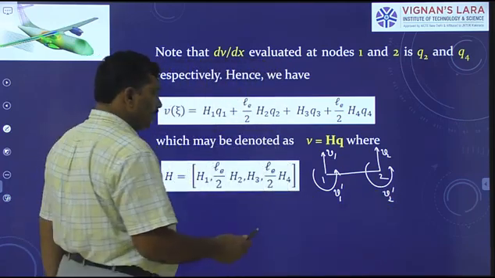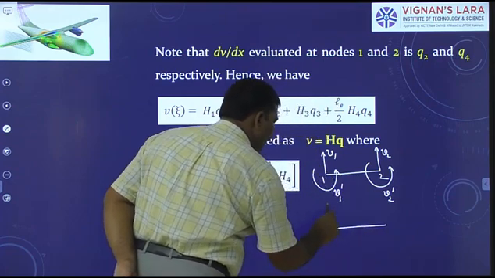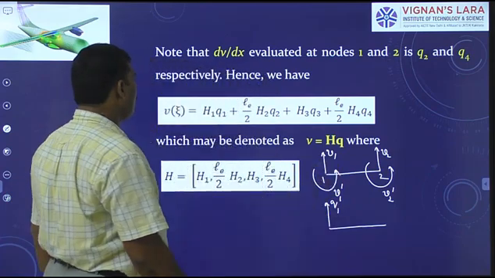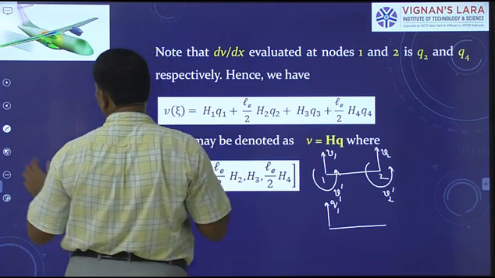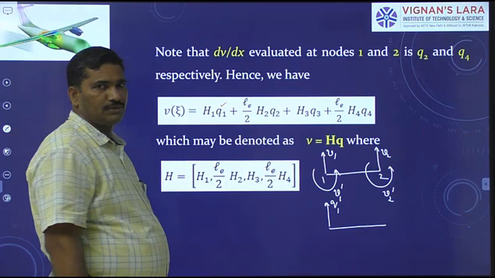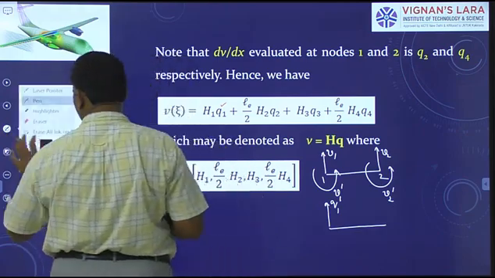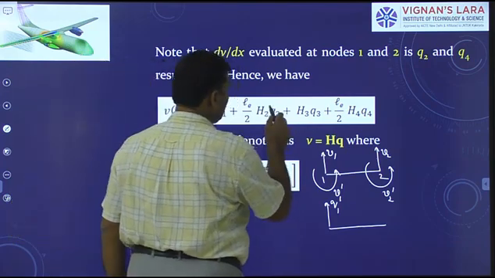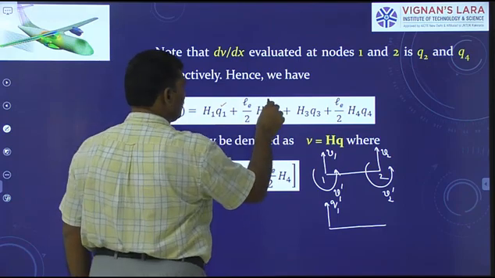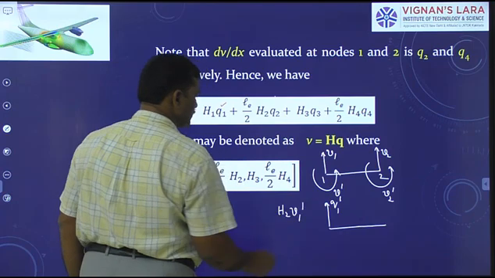At the same nodes, q1 represents v1. Therefore, I have written q1 in place of v1: H1 into q1, plus H2 into v1 dash.